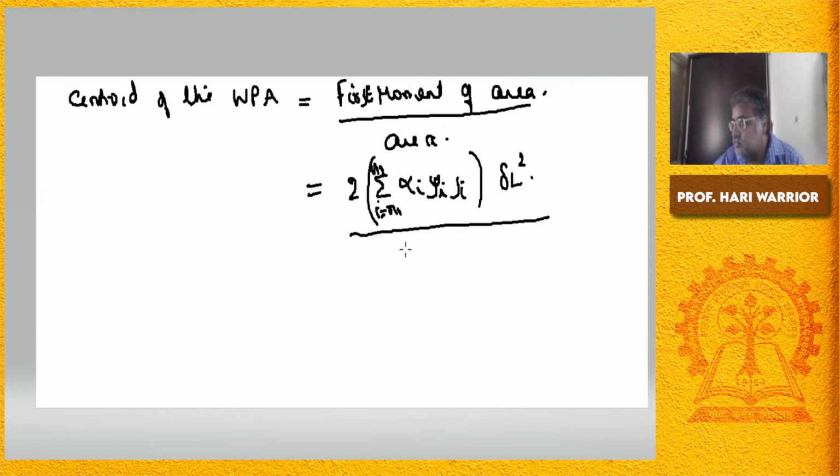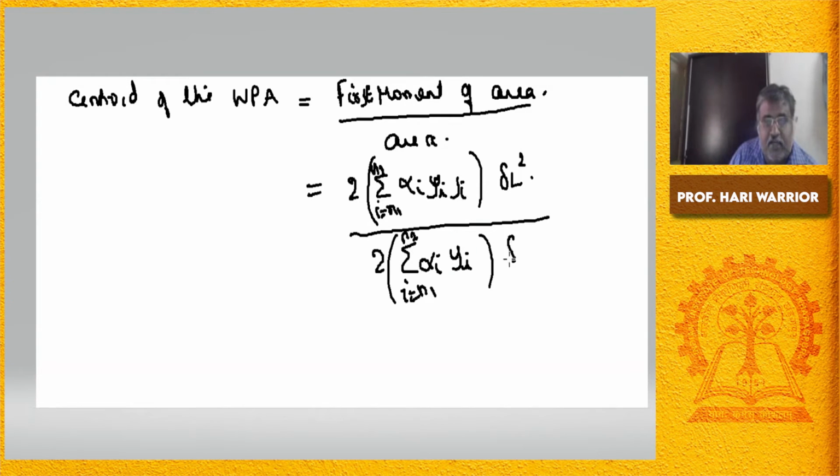Area is equal to 2 sigma I equals n1 to n2 alpha I yi into delta L, isn't it? Yeah. So one delta L is cancelled, 2 is cancelled, so this becomes this ratio.